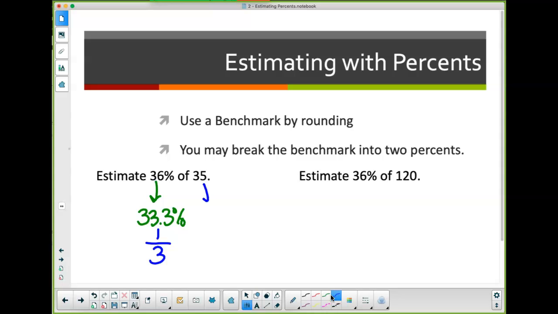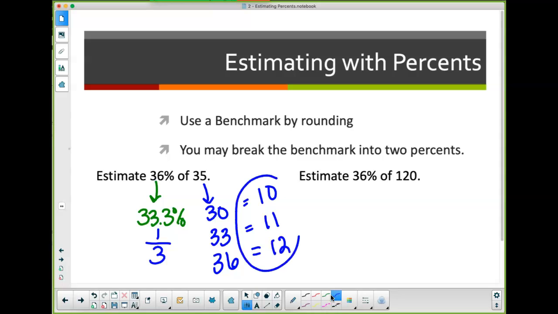Sure, I could change this to 30. 1/3 of 30 is 10, right? 30 divided by 3 is 10. Could I have gone to 33? Sure, what's 33 divided by 3? 11. Could I have gone to 36? What's 36 divided by 3? 12. Any of these answers would be correct.